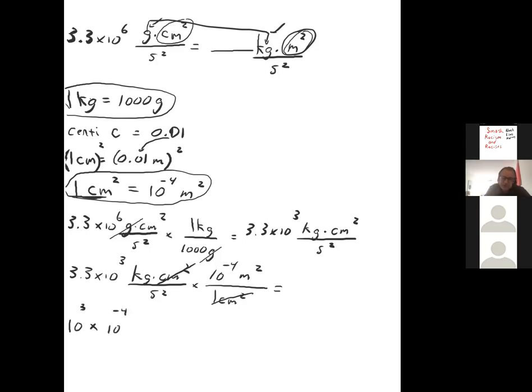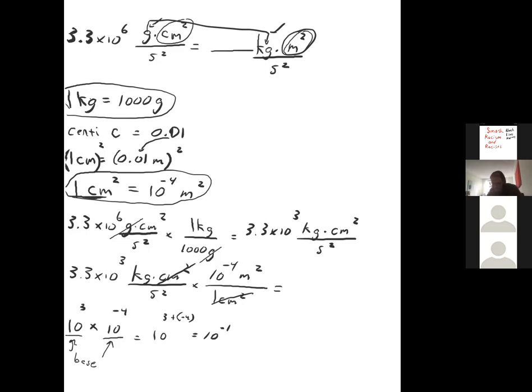One of the nice rules of powers of 10, or any powers of 2, even, is that if you multiply numbers together and they have the same base, remember this is called the base, 10 is the base, each of them is a base 10 number, if the base is the same and you're multiplying them together, you just add the exponents. That's really cool. If you're dividing, you subtract the denominator exponent from the numerator. But if you're multiplying, you just add the exponents. So 3 plus -4 is -1.